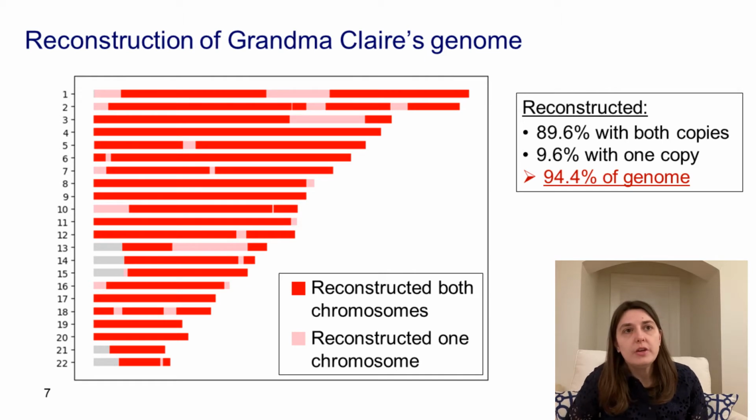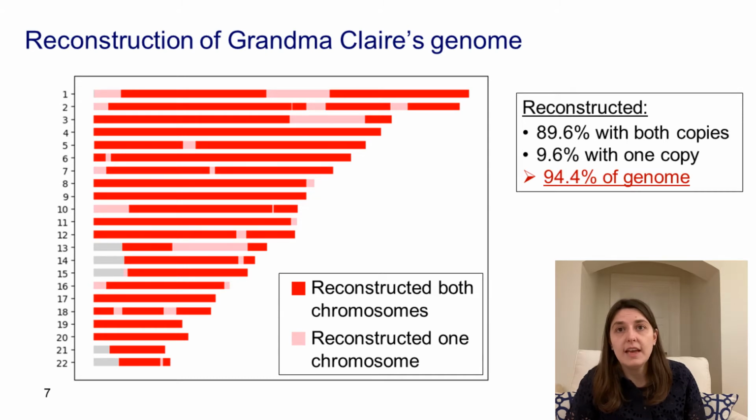What is shown here are pink regions where, even though my grandmother has 2 chromosomes, the data from her 4 children only allowed us to reconstruct 1 chromosome copy, and in the red regions, all of her DNA from both copies was transmitted, and so Happy was able to reconstruct both copies. Most regions are red, there's some pink.